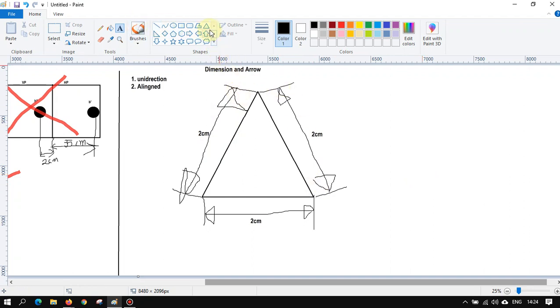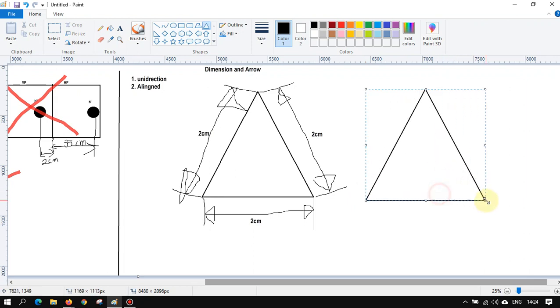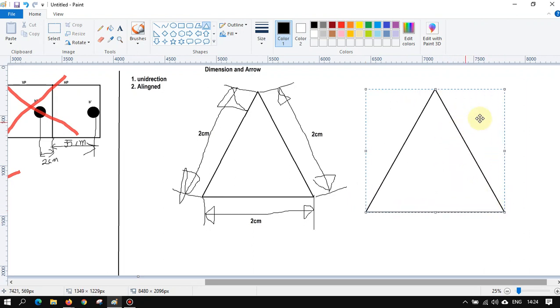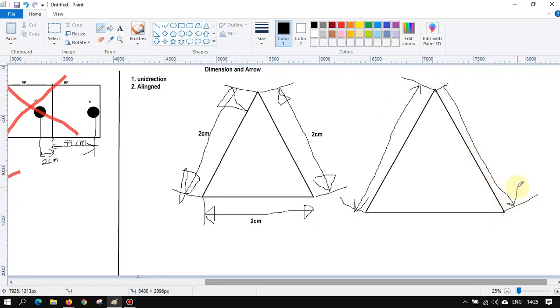Now, what about the same thing in the aligned one? In the aligned one you have more relaxation, but you still have to follow one style. Let me draw the dimension again.